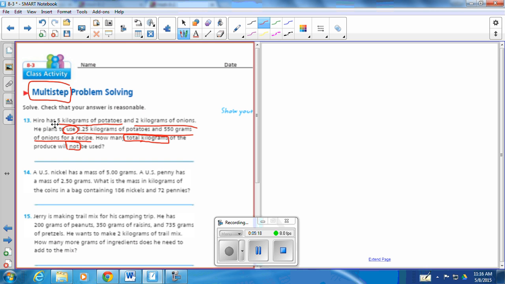I think that we need to start off with, we need to subtract 5 from 3 and 25 hundredths to find out how much potatoes. Okay, so just focus on potatoes first. So we can focus on potatoes, and then we can focus on onions, and then combine those two amounts.